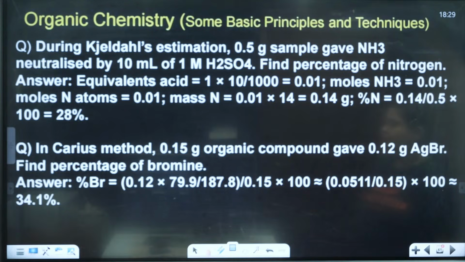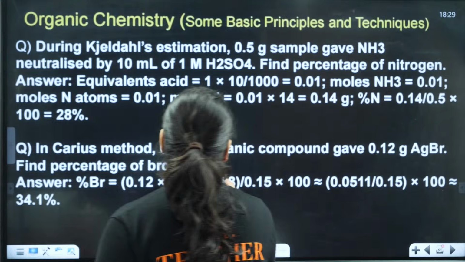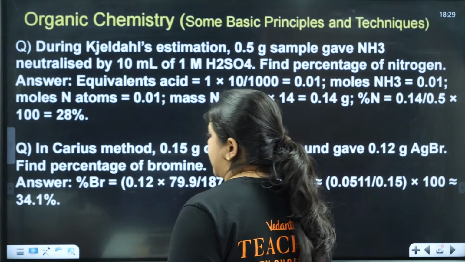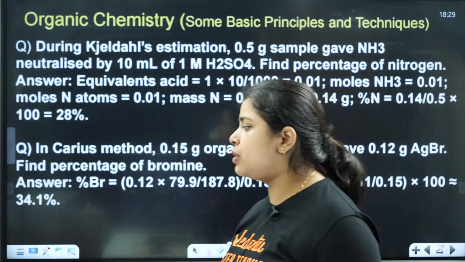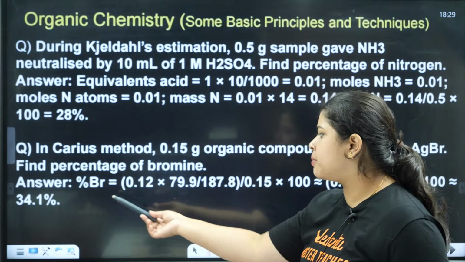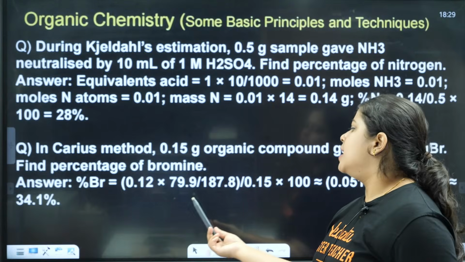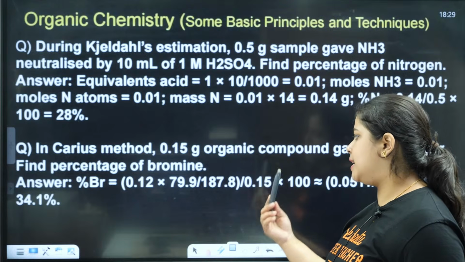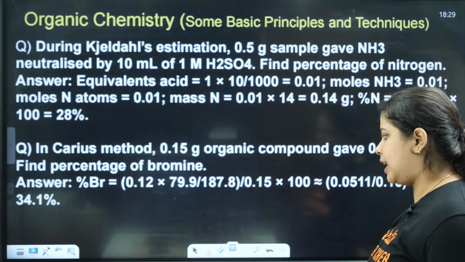Next comes Carius method: 0.15 gram of organic compound gave 0.12 gram of AgBr. Find the percentage of bromine. Percentage of bromine is equal to 0.12 into 79.9, the atomic mass, divided by 187.8, divided by 0.15, which is the organic compound they have given.